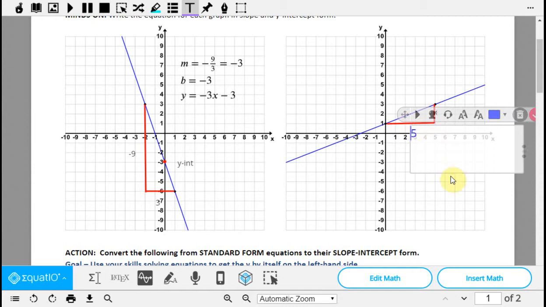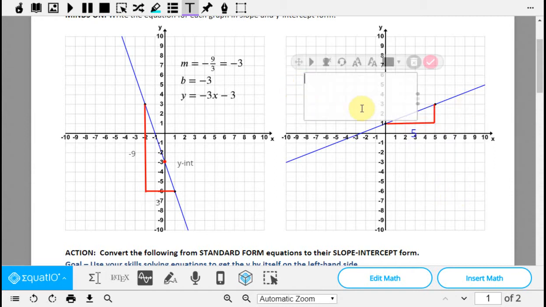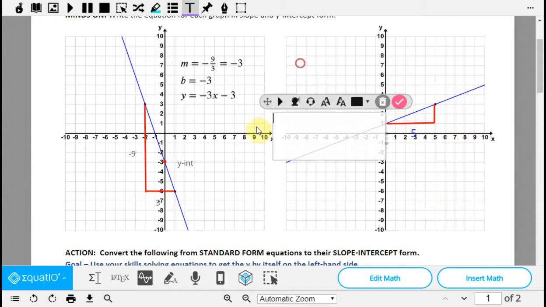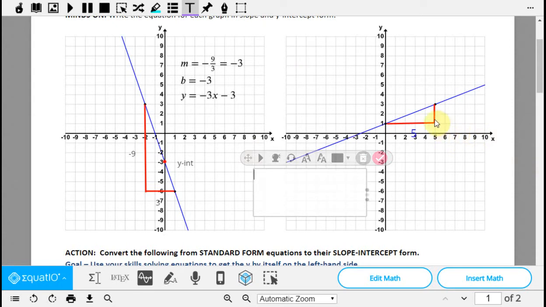That's my run. And my rise goes from 1 up to 3. And remember, I'm going from left to right, from one point to the next. So my run is 5, my rise is 2.